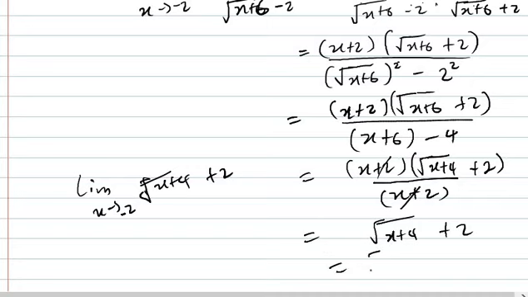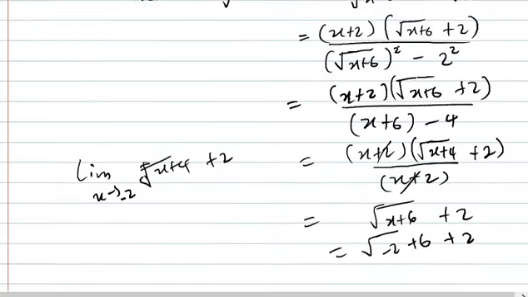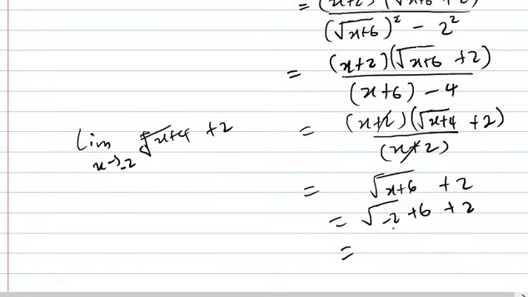So we have -2 plus 4, which is root of 2, plus 2. Then root of 4 is 2, and 2 plus 2 is equal to 4. So the answer is going to be equal to 4. So 4 is the given answer.